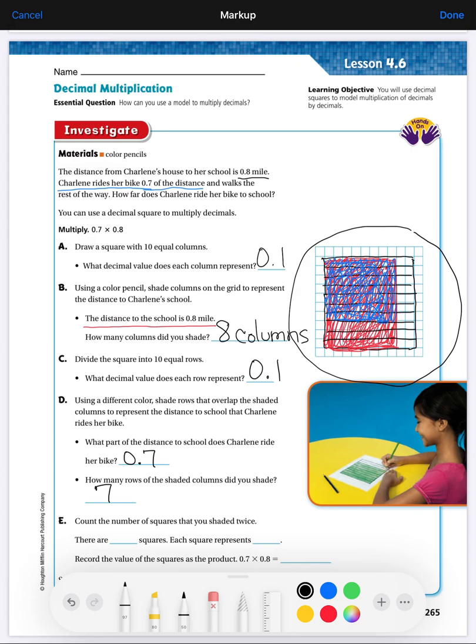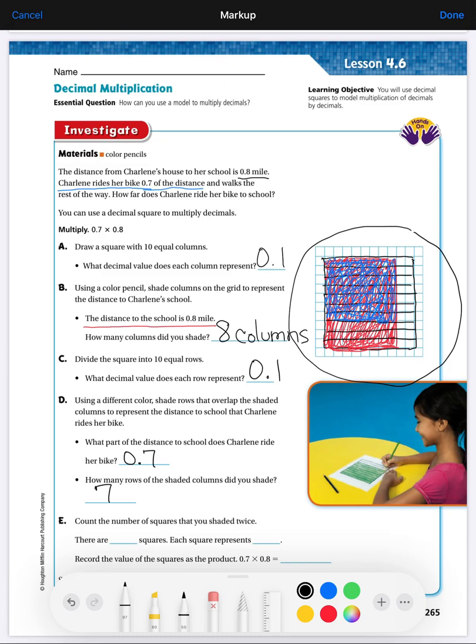Then it says on part E, and this is where things are a little different, it says, count the number of squares that you shaded twice. So we're looking at just the squares that we shaded with both red and blue.